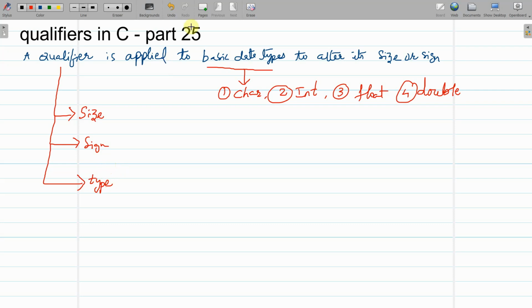So first one is size qualifier. Whenever we are talking about size qualifier, there are some important things to be kept in mind, and I will be listing them out. The first one is like this.